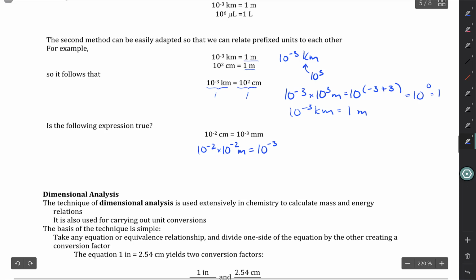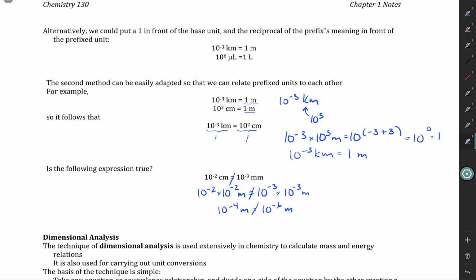So 10 to the minus 3 times 10 to the minus 3 meters. 10 to the negative 2 times 10 to the negative 2 is 10 to the negative 4 meters. 10 to the negative 3 times 10 to the negative 3 is 10 to the negative 6. We add them. Are these equal? Absolutely not. No. These are not equal.